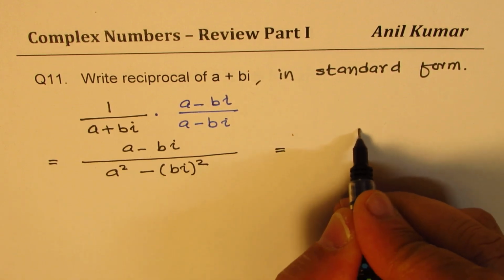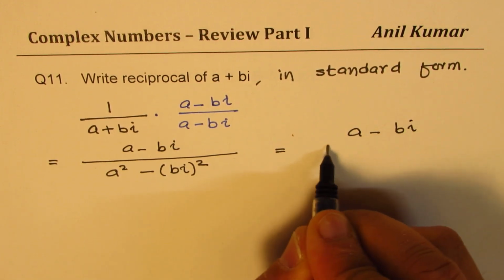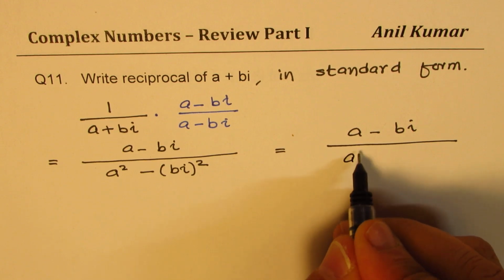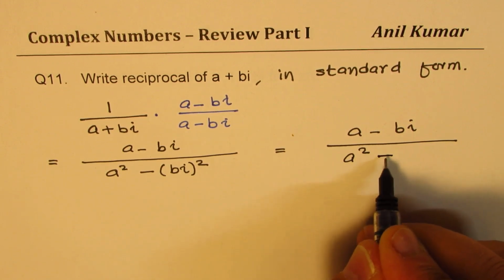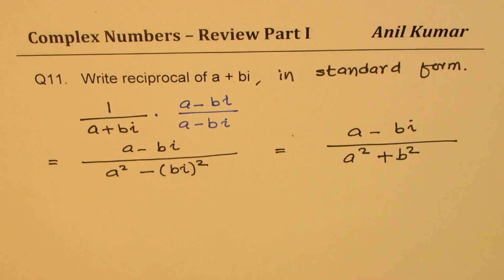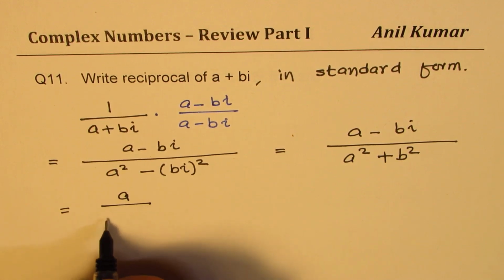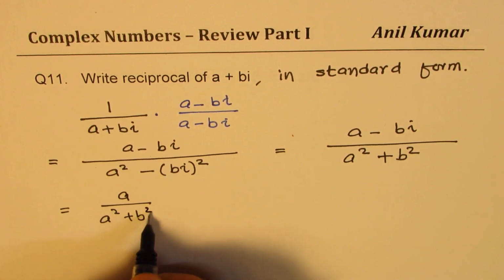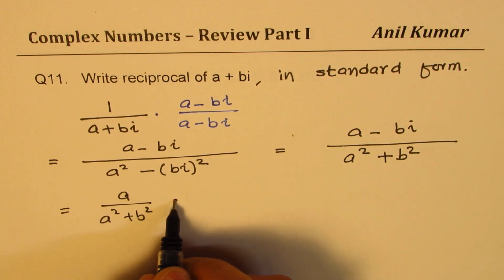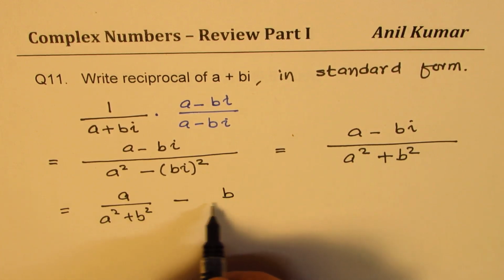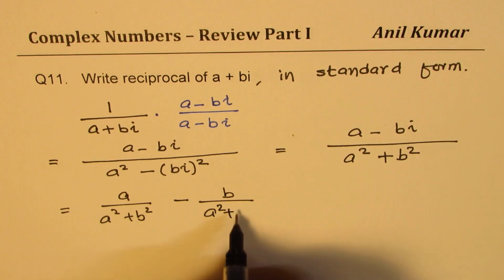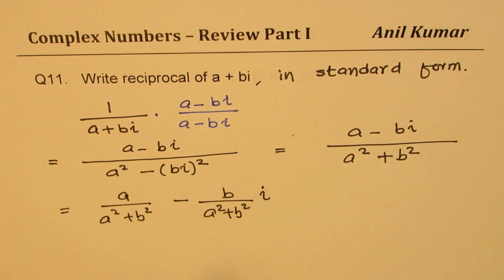So which I could write as a minus bi divided by a square plus b square, since i square is negative 1, as we have seen in a couple of videos. So this now could be written as a over a square plus b square. That becomes the real part, and the imaginary part will be b over a square plus b square with negative i. Do you see that? So that becomes the reciprocal of any complex number in general.